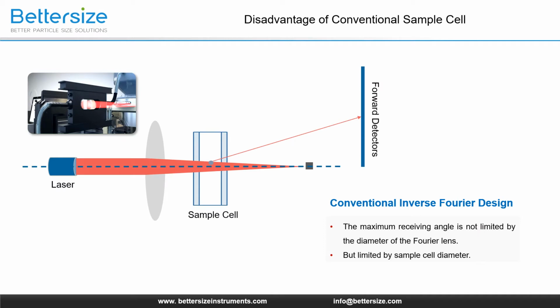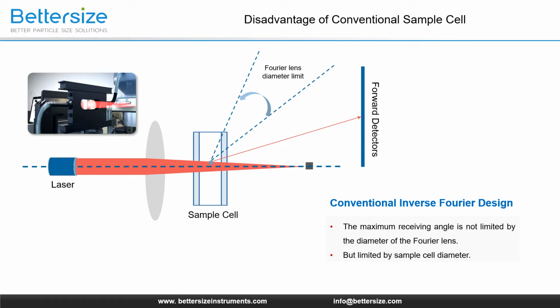In addition to talking about the combination technology, I would like to talk about another unique design of the Betasizer 2600, which is the tilted sample cell design. As we know, the effective receiving angle for scattered light has a critical impact on the measuring range of the instrument. Generally speaking, this receiving angle of an analyzer has two limitations.